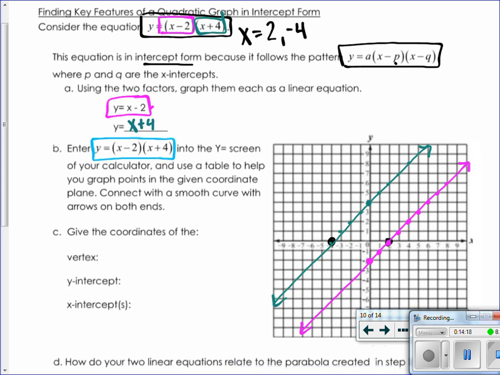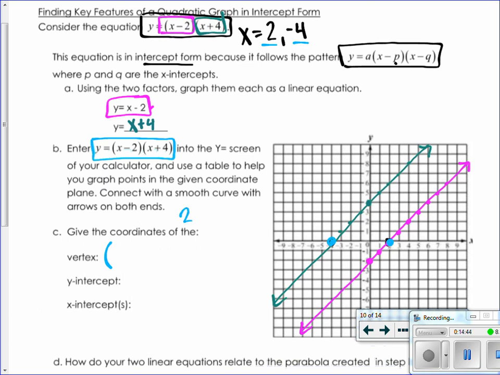We talked about qualities of a vertex. Do we know the x-intercepts of this parabola? Yes. What are they? 2 and -4. We know these are going to be the two x-intercepts. We talked about it earlier. If we know the x-intercepts, we can figure out the x value of the vertex.